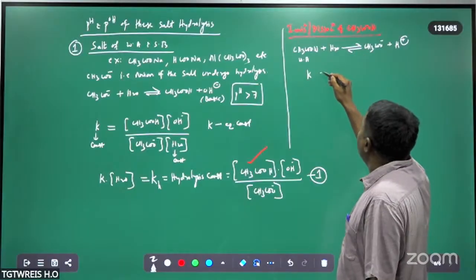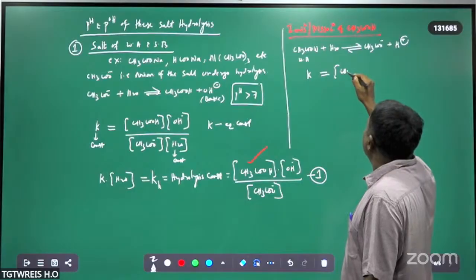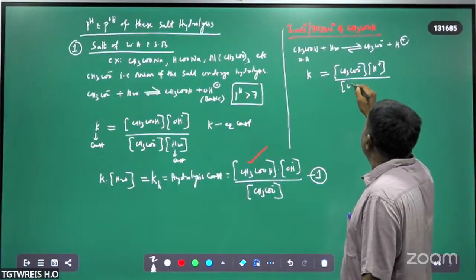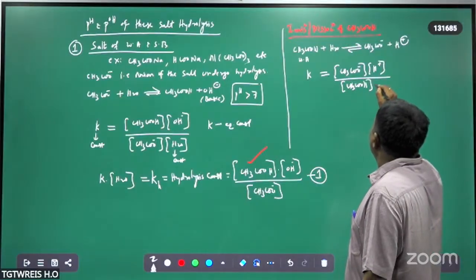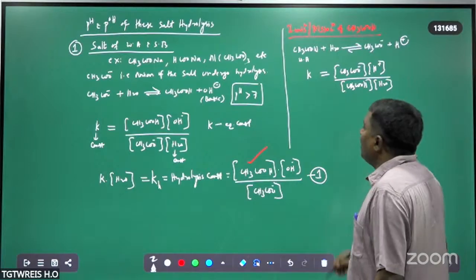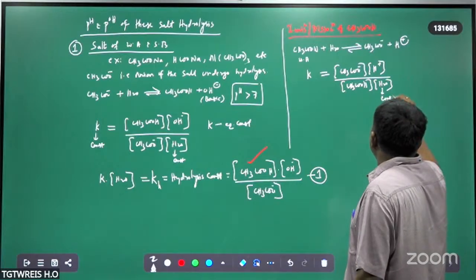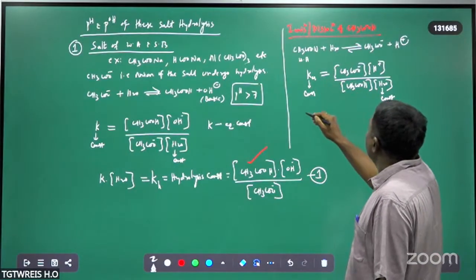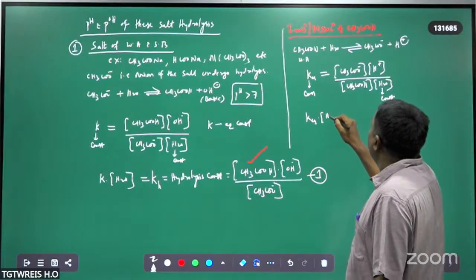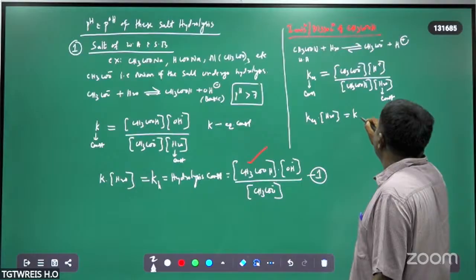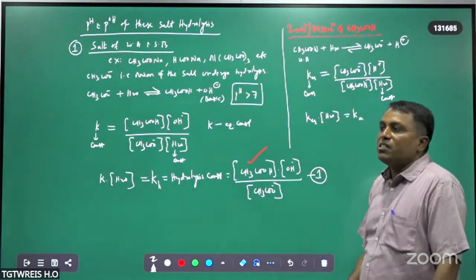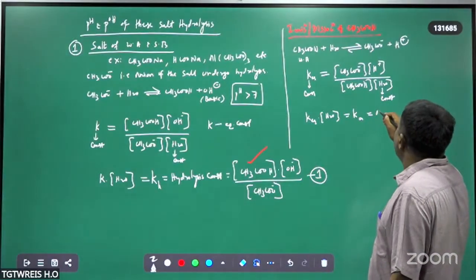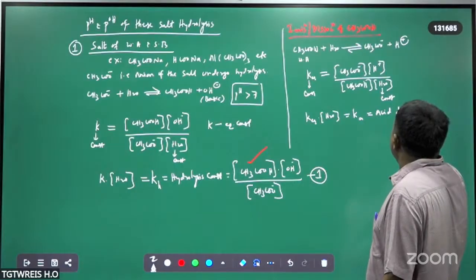Therefore, the equilibrium constant K is equal to acetate anion into H plus by acetic acid into H2O. Similarly, K and the molar concentration of water are both constants. K into the molar concentration of water is equal to the acid dissociation constant, that is Ka, because it is the dissociation of a weak acid.